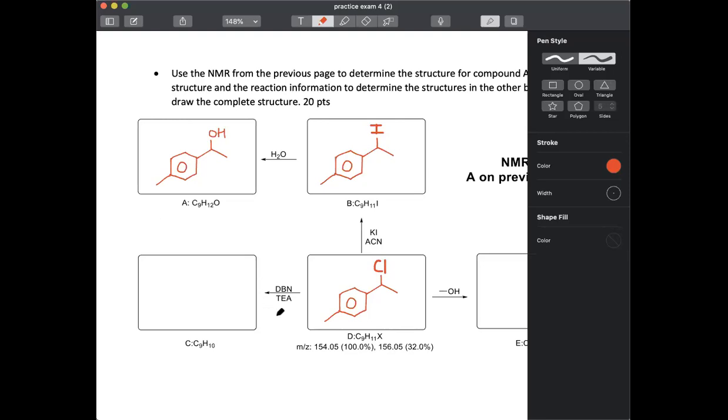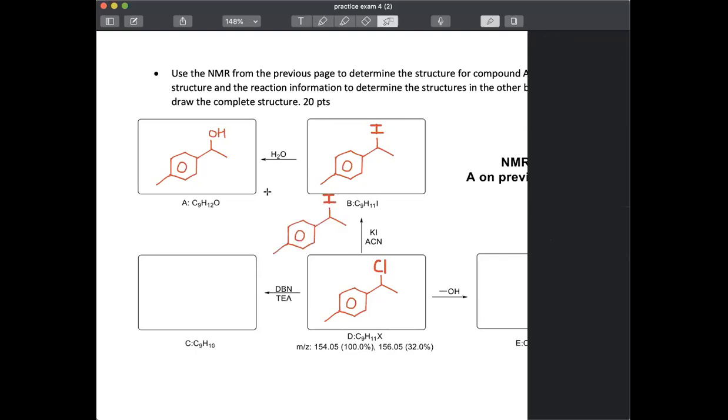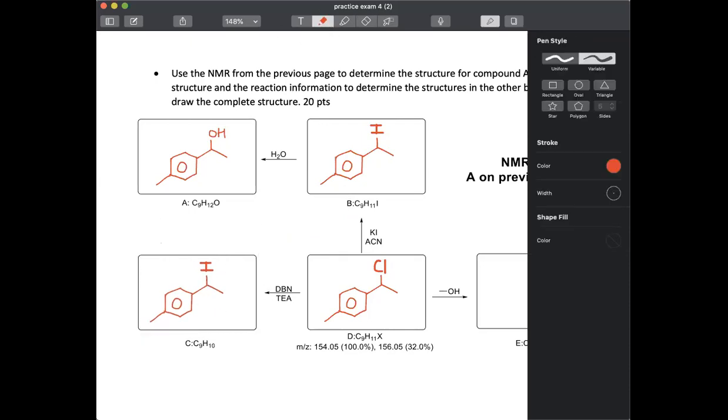Yeah, it's going to go E2 because of GBN. GBN is one of your E2 bases. And the only beta position that has a proton on it is this side. We don't have a beta proton here. This carbon is full. So you have this.